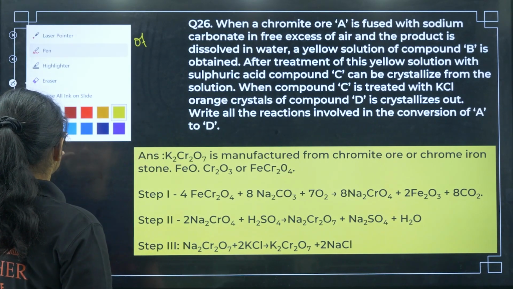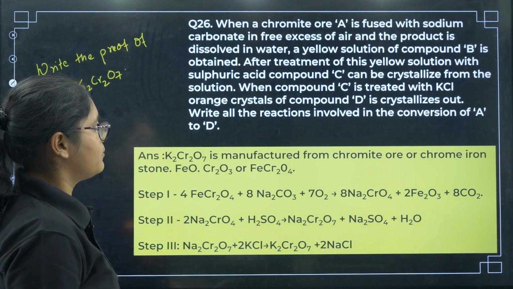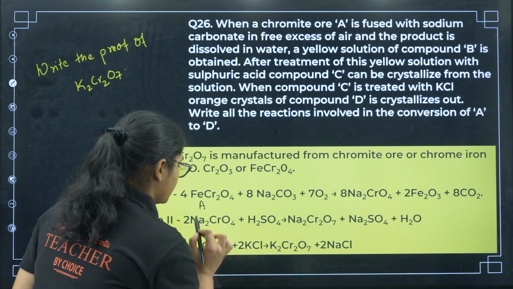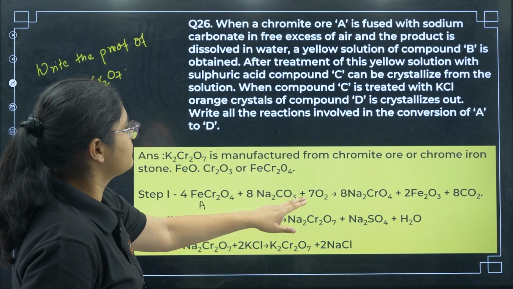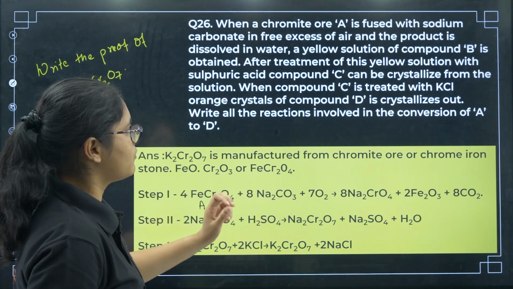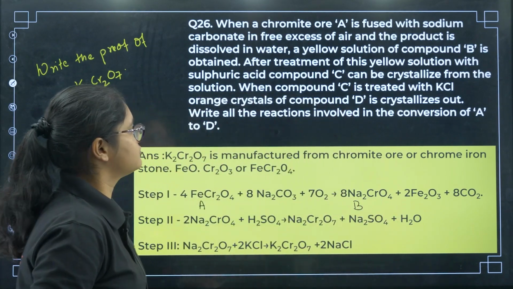Okay, so if I see here, first of all, the iron chromite, when a chromite ore A, so this is your A, is reacted with sodium carbonate in excess of air and the product is dissolved in water, a yellow color compound B, that is sodium chromate, is formed.